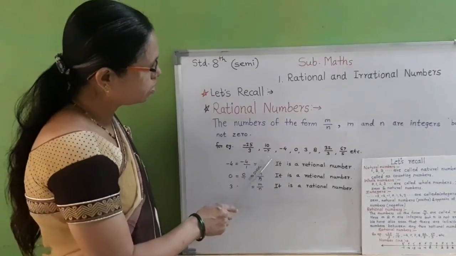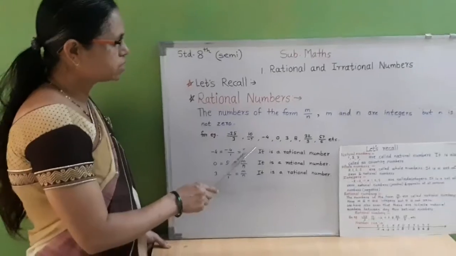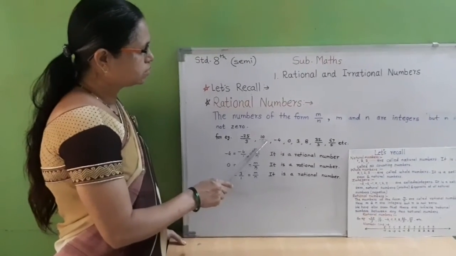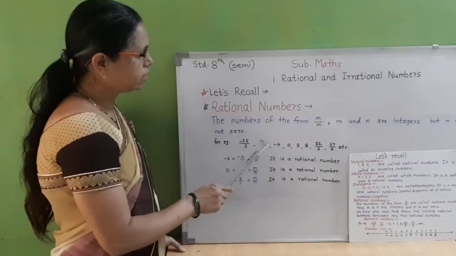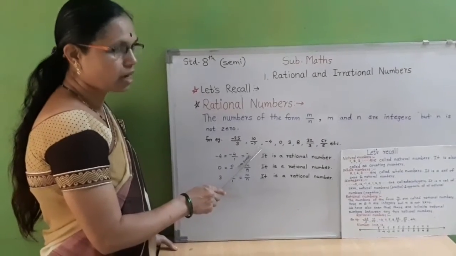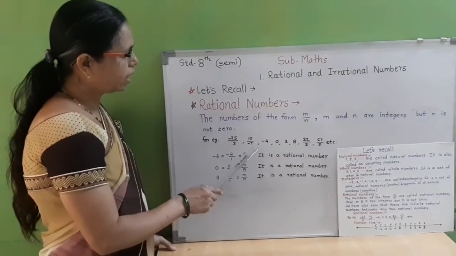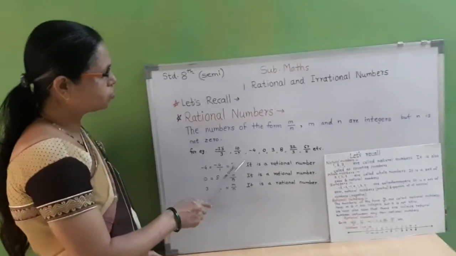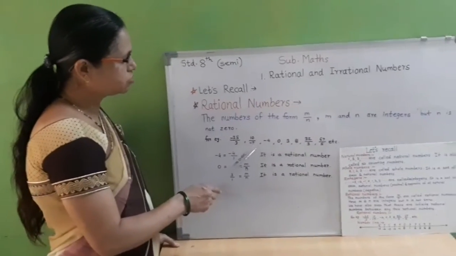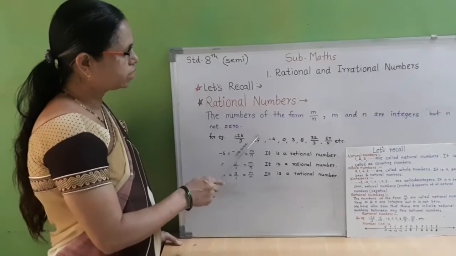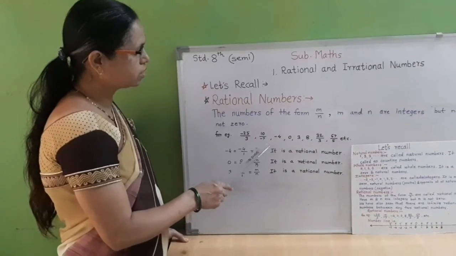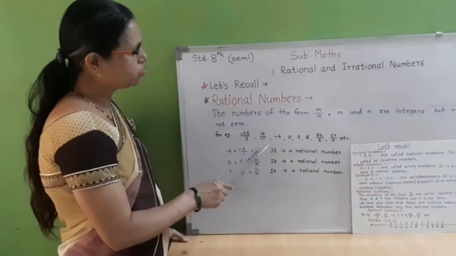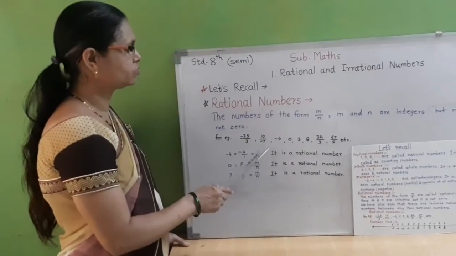Next example, 10 by -7. Here 10 and -7 are integers and denominator is not equal to 0, and here is negative sign. Therefore 10 by -7 is a negative rational number.